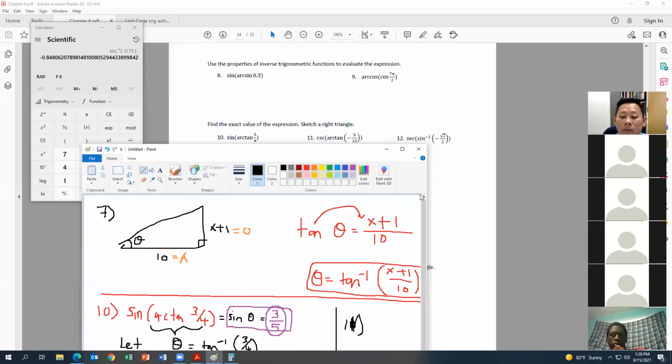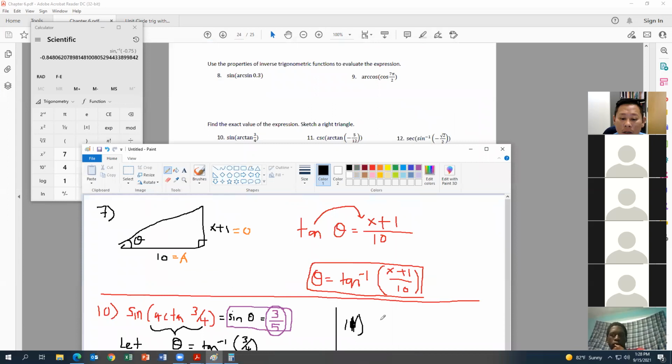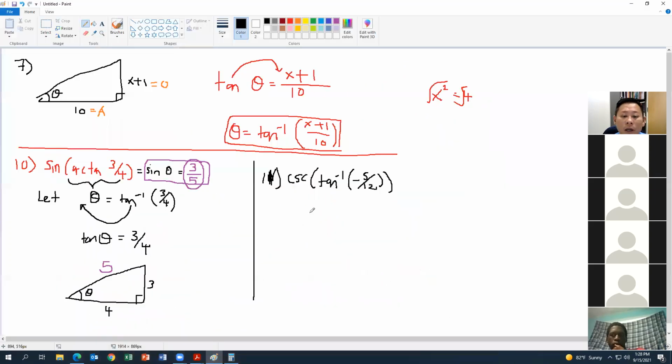Cosecant of the arctan of negative 5/12. Okay, so again, we're going to let this become theta. And we're going to move the arctangent backwards, so it becomes tangent theta.